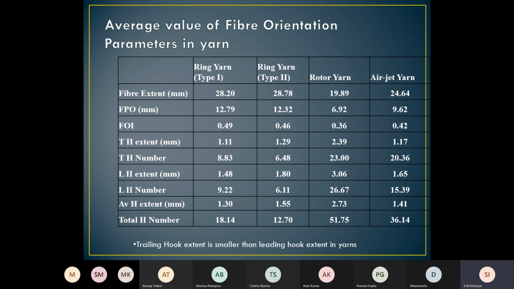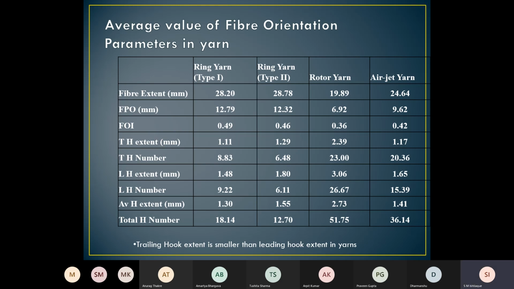Why do I say so? The moment you increase the rotor speed, the centrifugal force will increase. Higher the rotor RPM, more centrifugal force. And this centrifugal force will press the fibers downward towards the rotor groove.